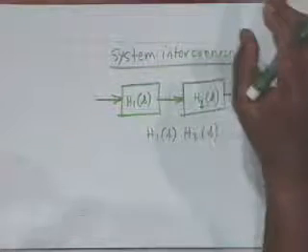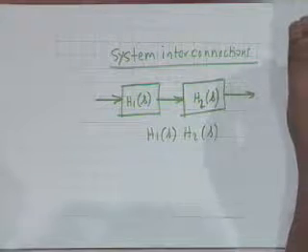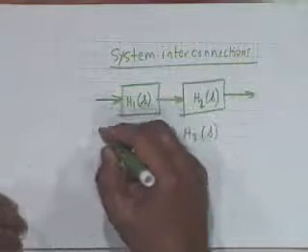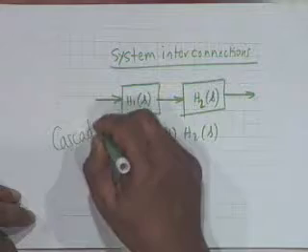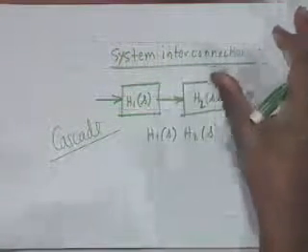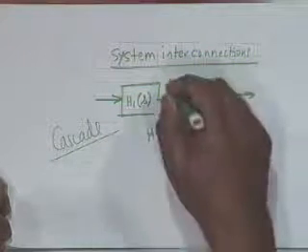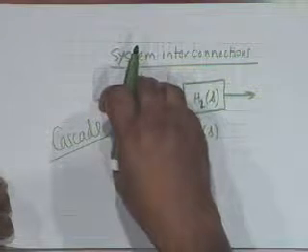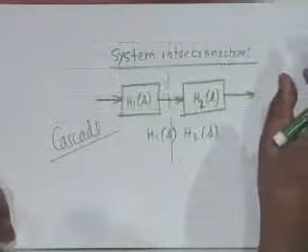Therefore, if a complicated system can be looked upon as a series connection, or what is known as a cascade, of two or more systems, then the analysis becomes simplified, because you can find the system function of each of these subsystems and then multiply them out.